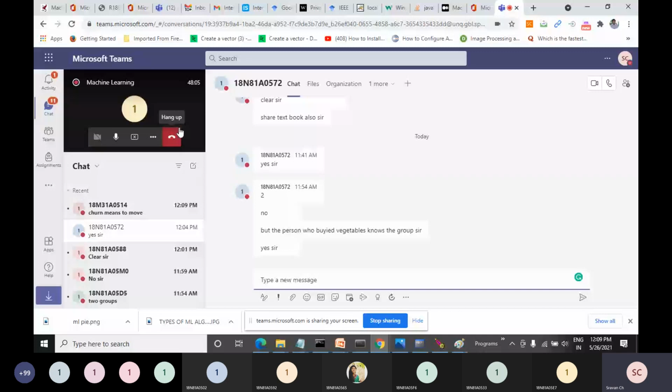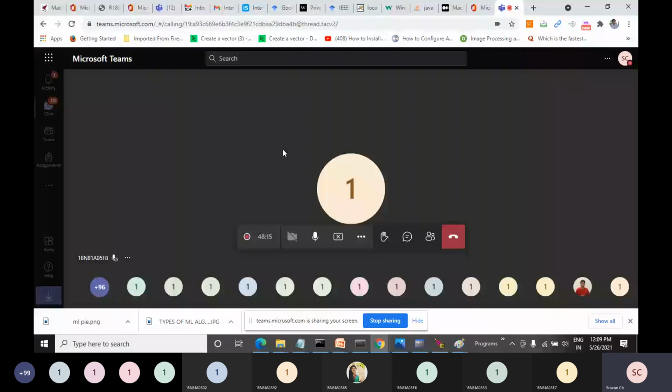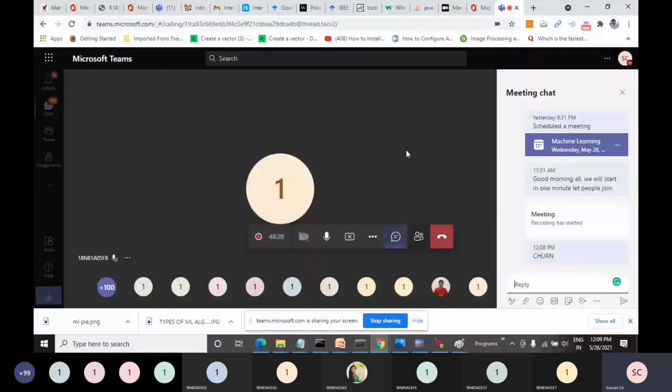So let us assume I am dealing with the problem of churn analysis. I'll have a data set with 13 parameters. Parameter one is what type of connection it is, prepaid or postpaid, and in which scheme.